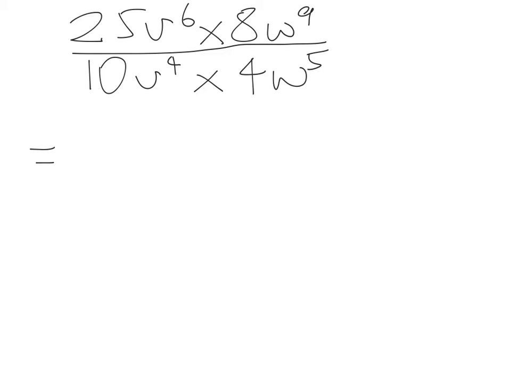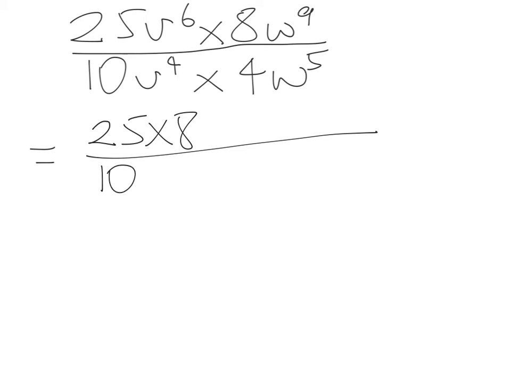Again, the rule for the second law of indices only works when the letters are the same. So let's simplify this like we did before with multiplication. I'll collect all the numbers together on the left-hand side first. So I've got 25 multiplied by 8, and on the bottom half, or the denominator, I've got 10 by 4.